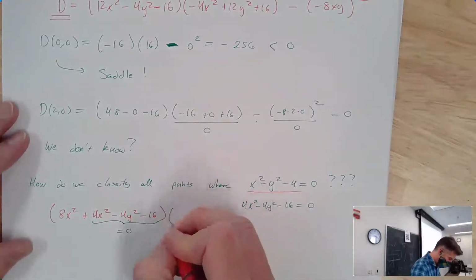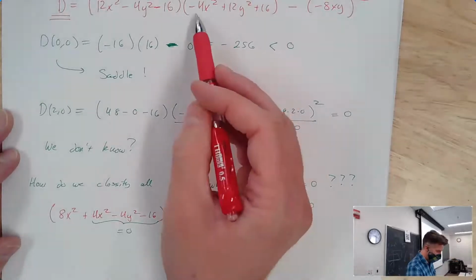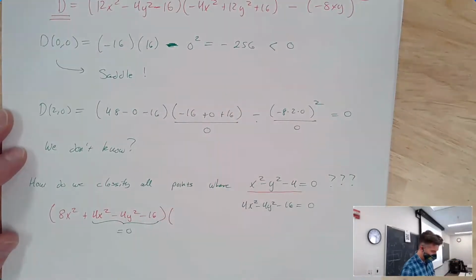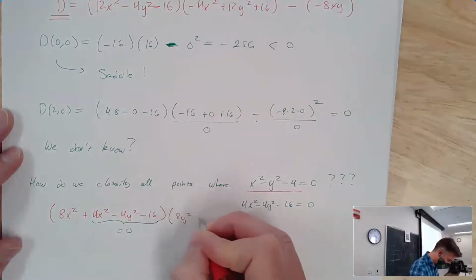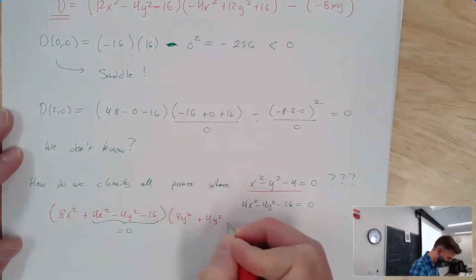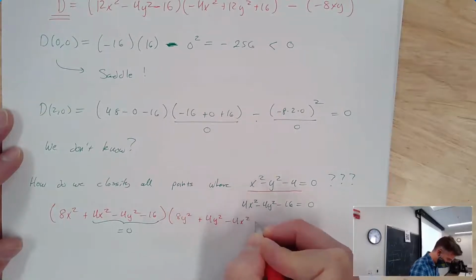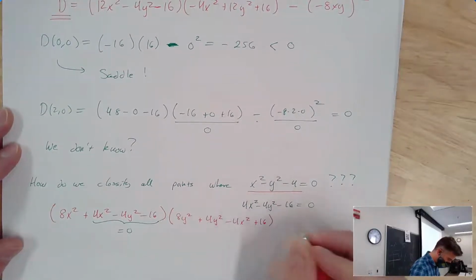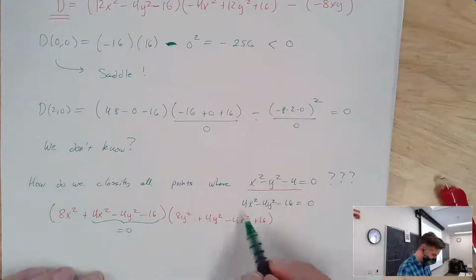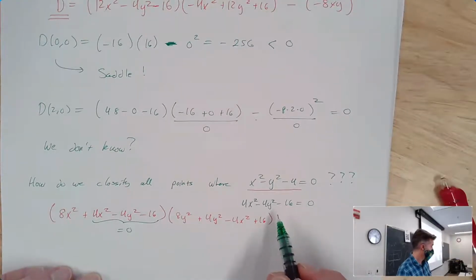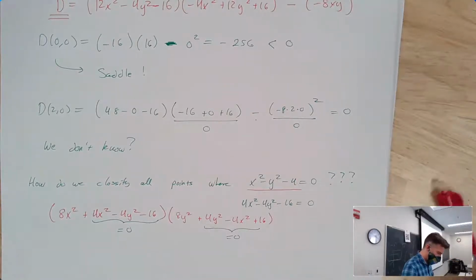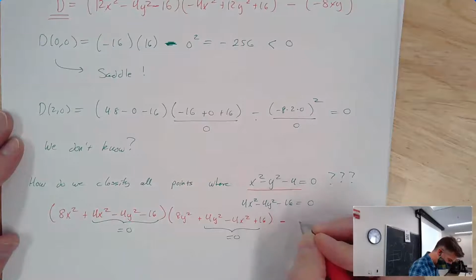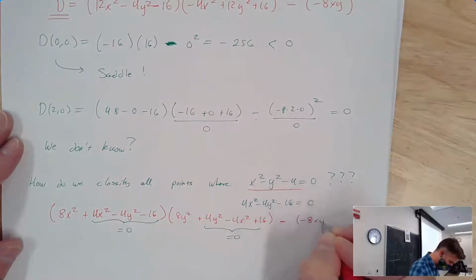And in a similar way, I can do the same thing here. I can write 8y squared plus 4y squared minus 4x squared plus 16. And even though it's the negative of that, it's still 0. The negative of 0 is still 0. Minus negative 8xy squared.